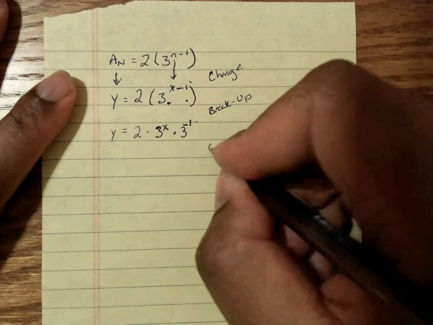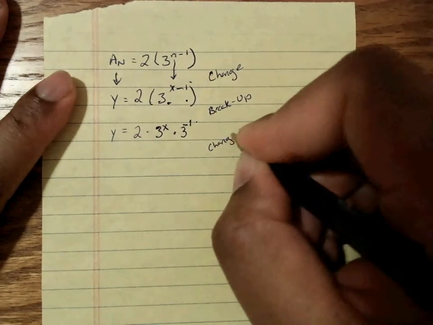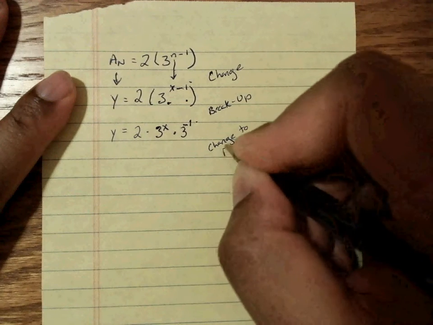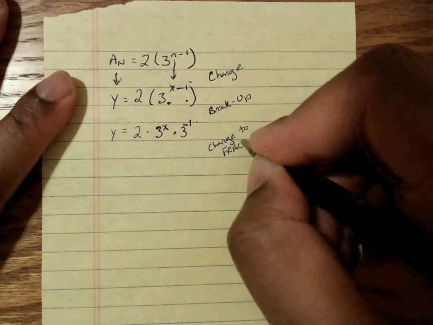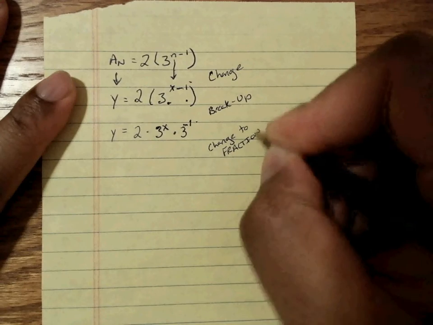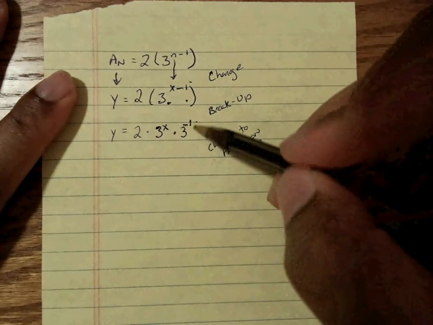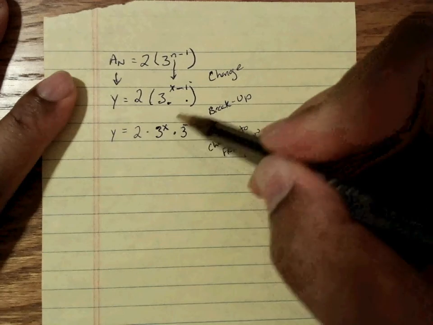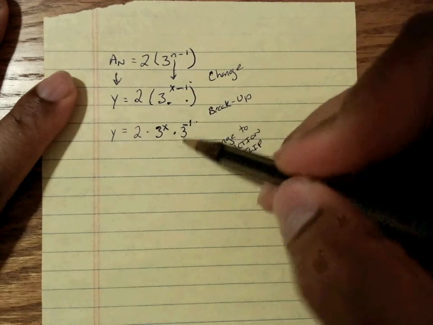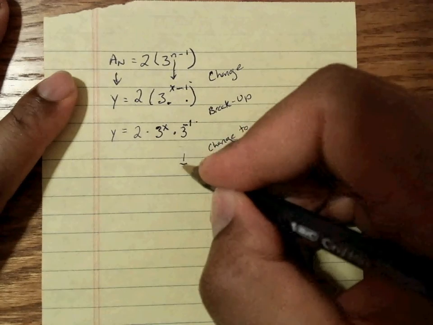And then the next thing is change to fraction, aka flip. And when we look at this, hopefully we can recognize that the rules that we learned in foundation, this right here is really just 1/3.